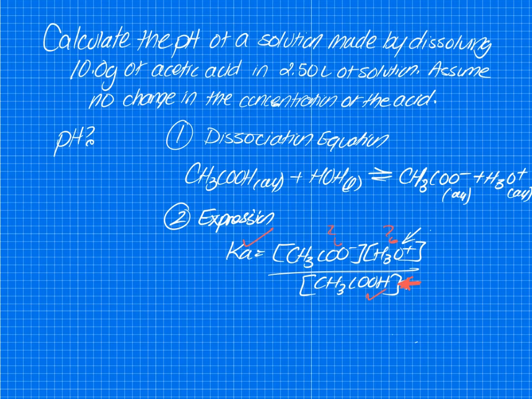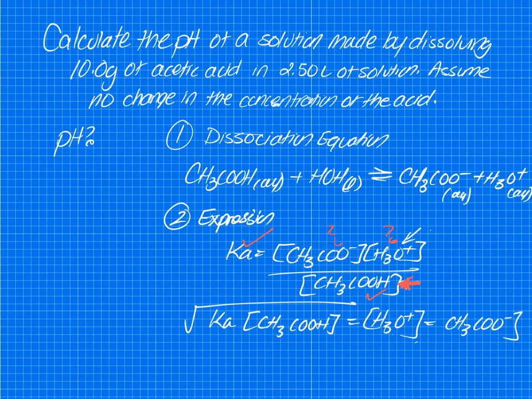So that means I have to manipulate the formula so that I have Ka times this, square rooted, will give me the concentration of this, but it will also give me the concentration of this. So either or.